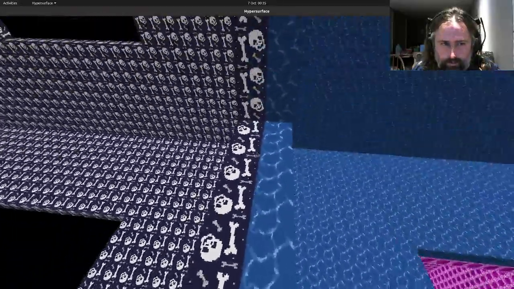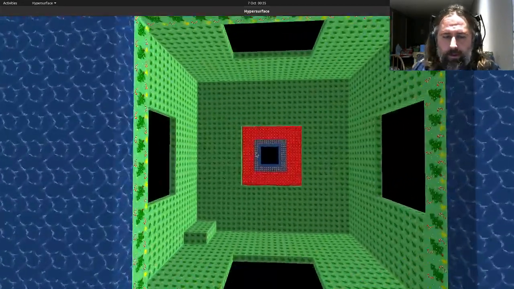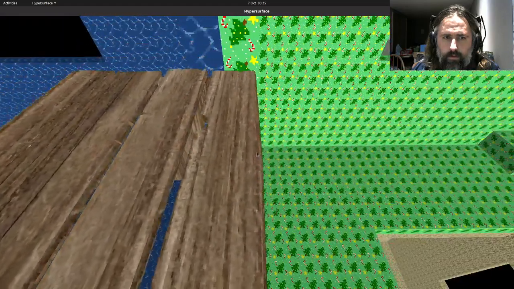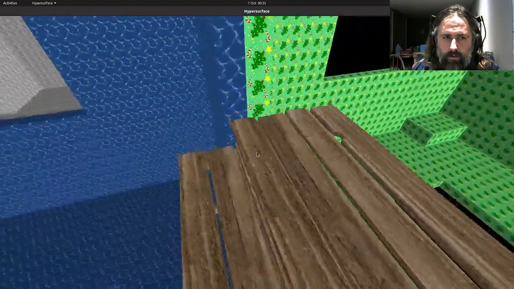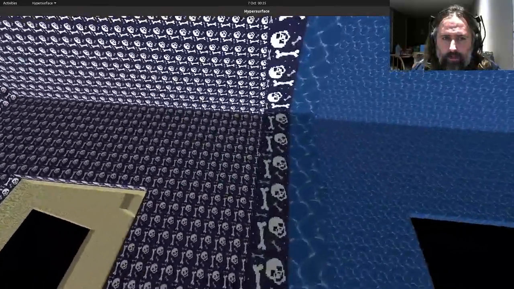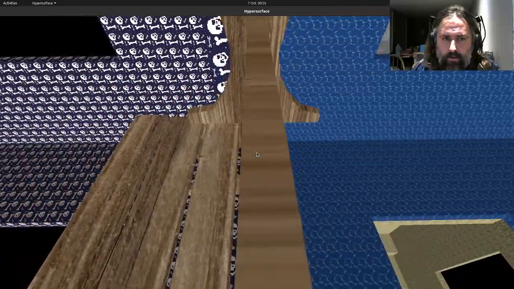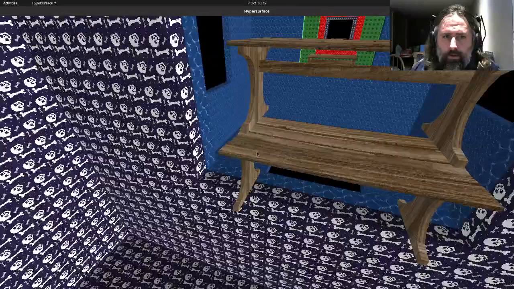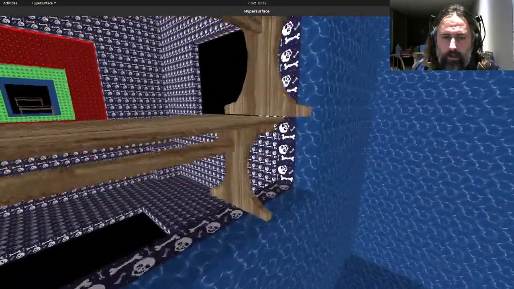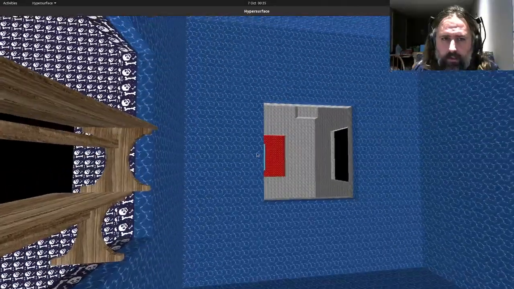Maybe it's this way. Or, you know what, if I just start from this room, I know that this is positive X. Wow, that's definitely not right. There we go. Look at that. They're truly colliding with each other.